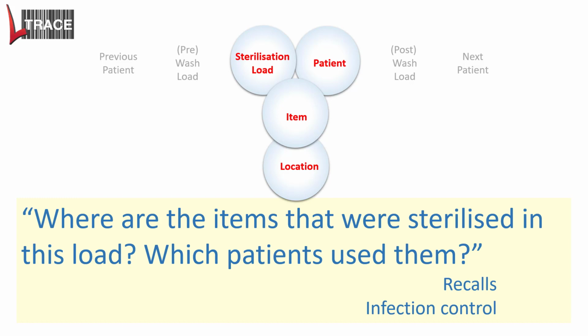The great thing about an infection control system is that you can tell instantly all the items that were sterilised in a particular load, whereabouts they are, and which patients have used them. So you can instantly do a recall, pass that information on to infection control, and they can be monitoring specific patients. It's all there at the click of a button.